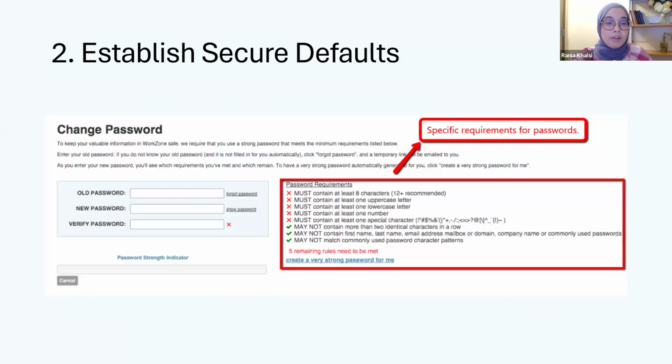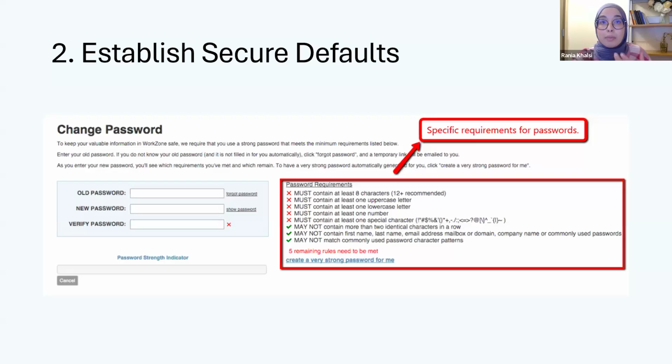Now, this screenshot is a good example of what secure defaults look like in practice. When a user is asked to change their password, the system does not leave security decisions up to the user. Instead, it enforces specific requirements by default.